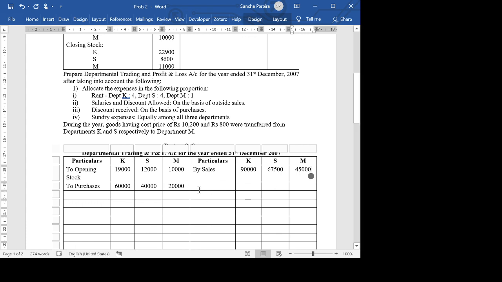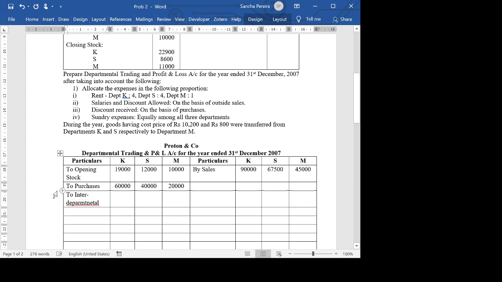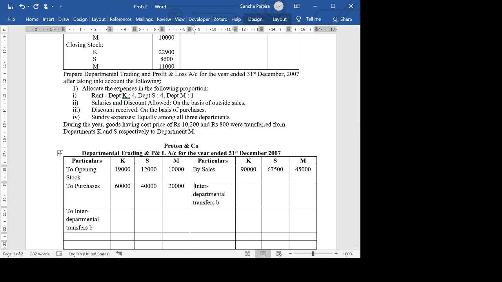Before showing the closing stock, I will show the interdepartmental transfers as well. This is a format that we maintain. So I say to interdepartmental transfers, and I will have by interdepartmental transfer.